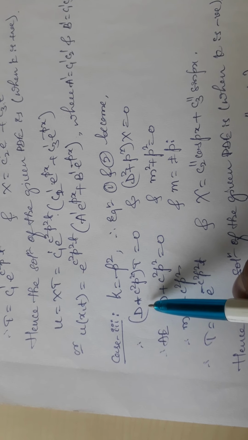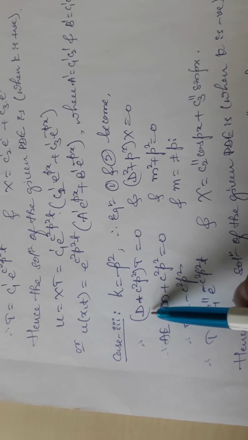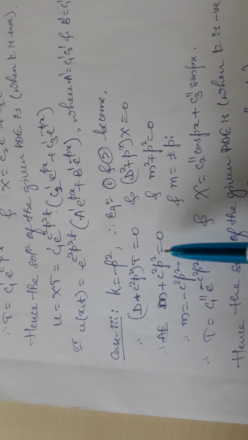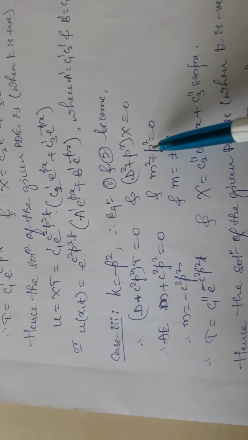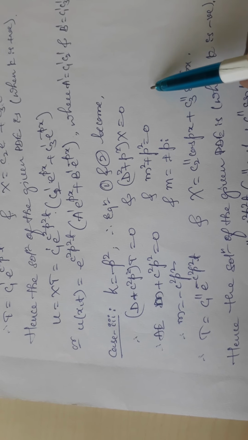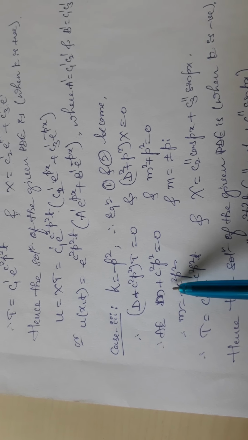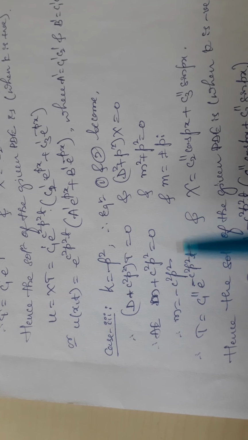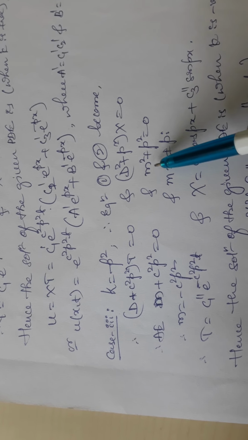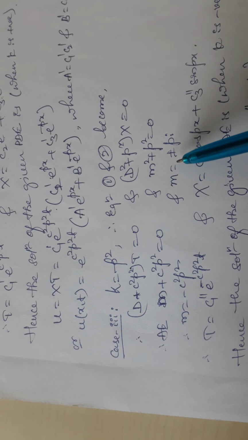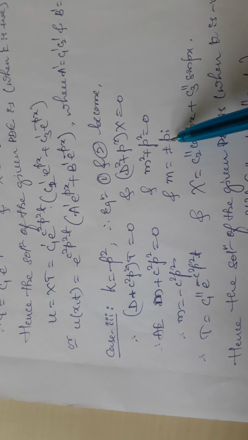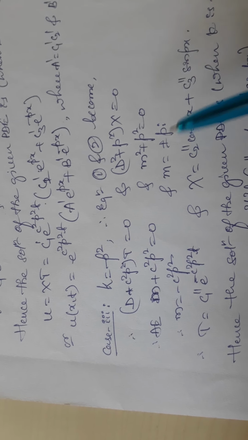Replacing D by m, we get the auxiliary equations m plus c squared p squared equal to 0, and m squared plus p squared equal to 0. From the first equation m equal to minus c squared p squared is the only one root, but from the second equation m squared equal to minus p squared, so we get complex roots, purely imaginary, m equal to plus or minus pi.